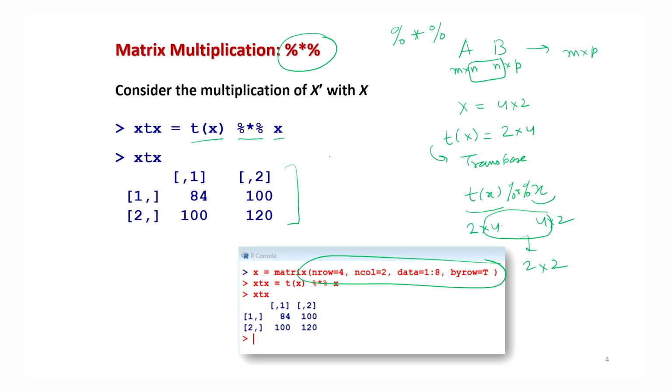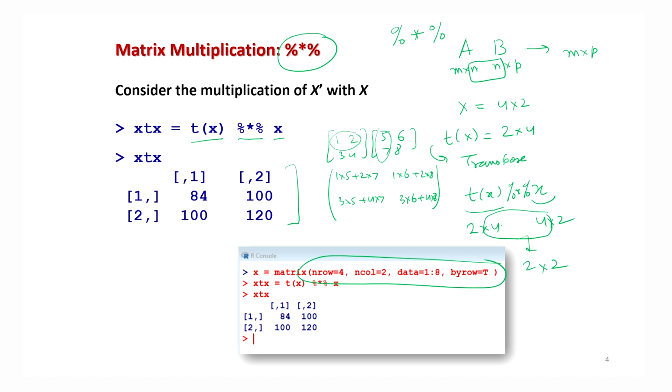Suppose I have a matrix 1 2 3 4 and another matrix 5 6 7 8, then the multiplication is like this: 1 into 5 plus 2 into 7 will be the first element, this row into this column, and then 1 into 6 plus 2 into 8 will be the second element, 3 into 5 plus 4 into 7 will be the first element in the second row, and 3 into 6 plus 4 into 8 will be the element on the second row and second column.